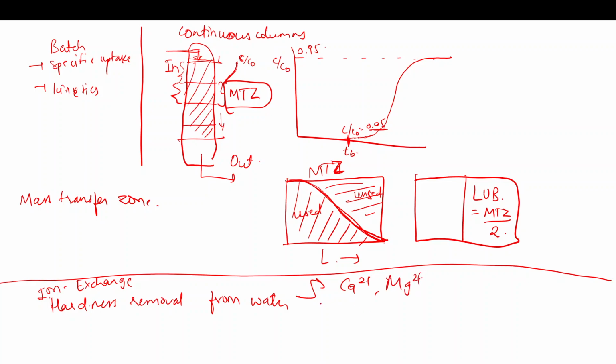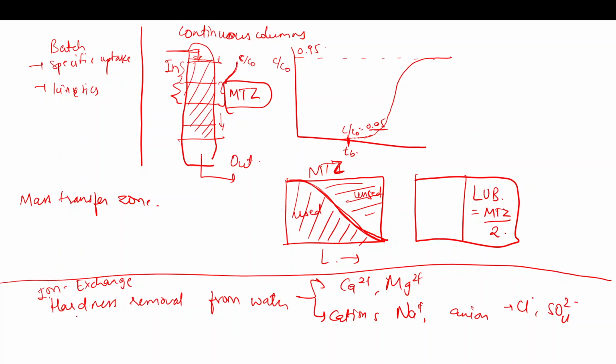But apart from that, you can remove some other cations, including sodium, or anions like chlorine, sulfate, right? So these type of pollutants can be removed.